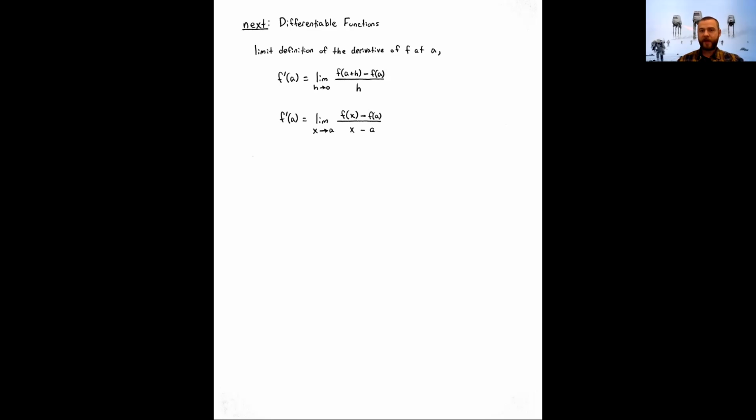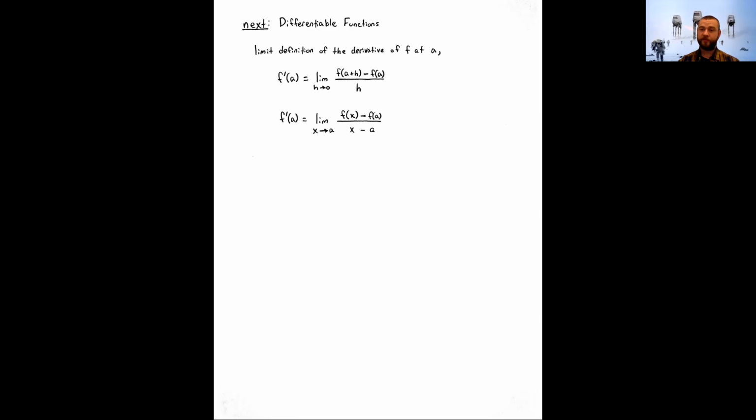And we're going to try to do that here, understand something about a function and its graph with the limit definition of a derivative. All right, so let's put up here, starting off, both versions for the limit definition of the derivative of a function at a point, what we would call f prime of a.